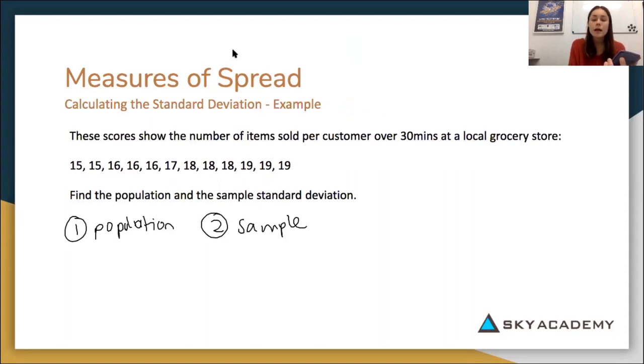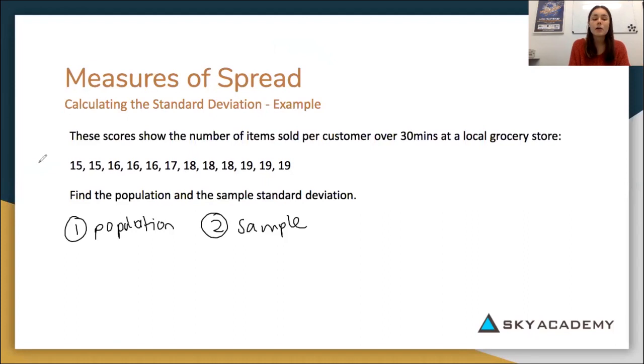Then you have a variety of options again, and you can press 2. Now you have 2 columns, one for X and one for Y. Because we only have one set of data, we're just going to enter these values in the X column.